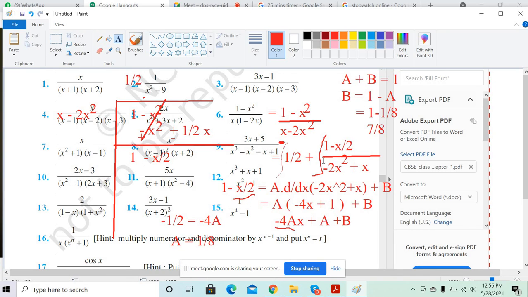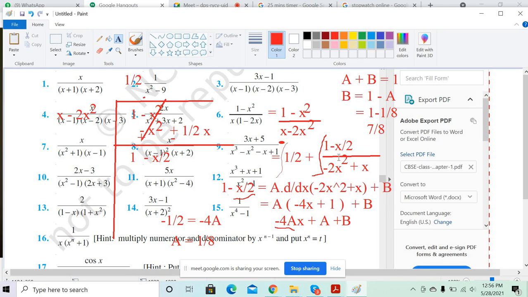So the entire numerator 1 minus x by 2 can be represented like this: a is 1 by 8, bracket minus 4x plus 1, plus 7 by 8. Got it?